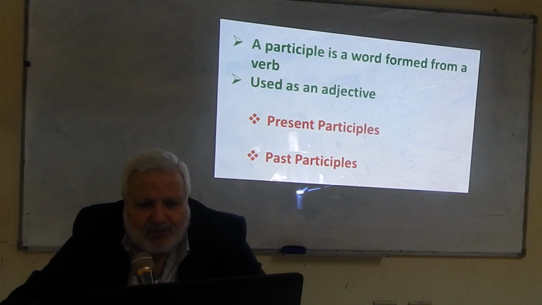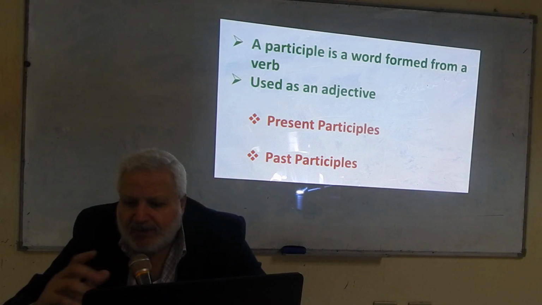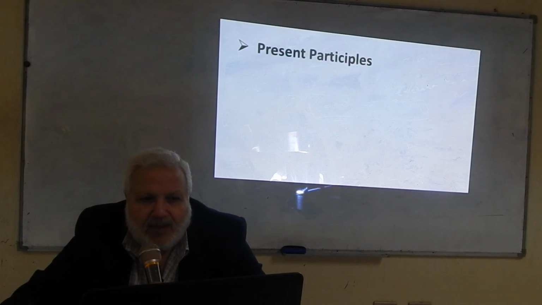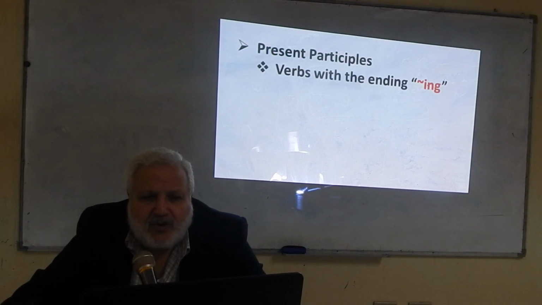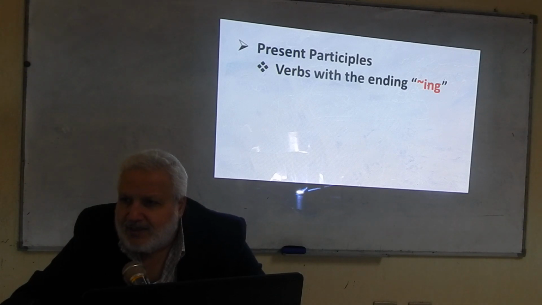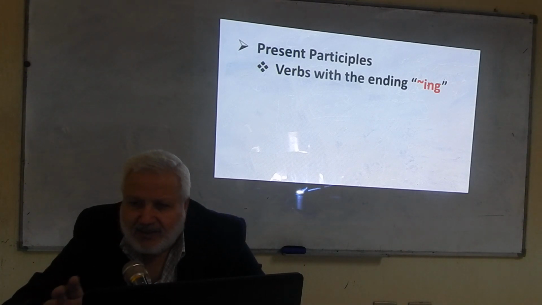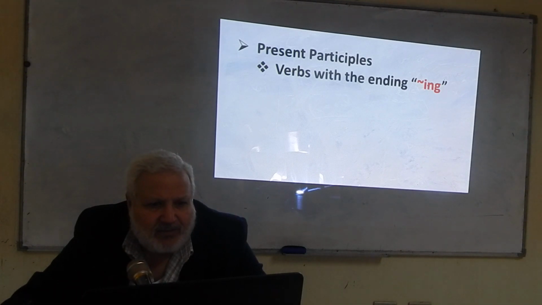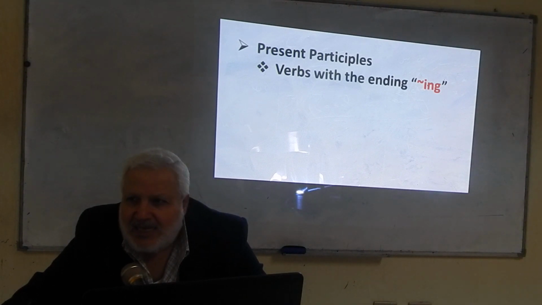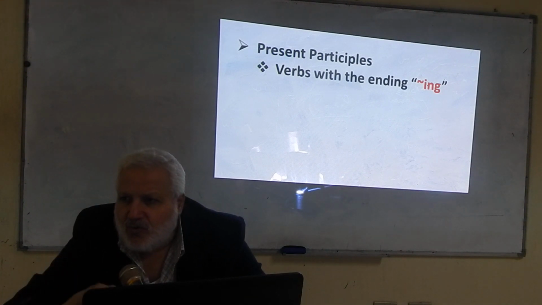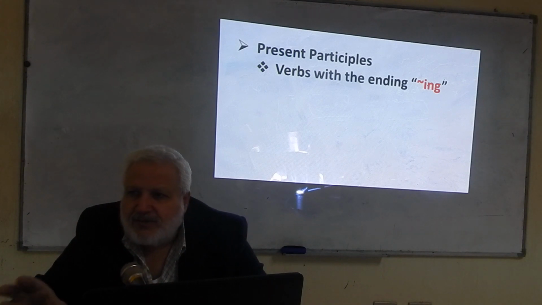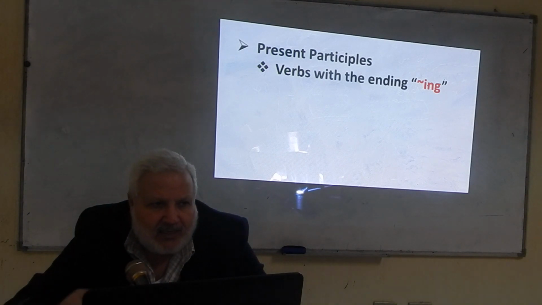So here we have the present participle and past participle. Present participle is the verb with ending ing. We put an ending on the verb. If it ends in e, we just delete the e and then add ing.